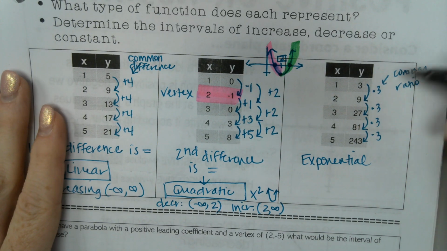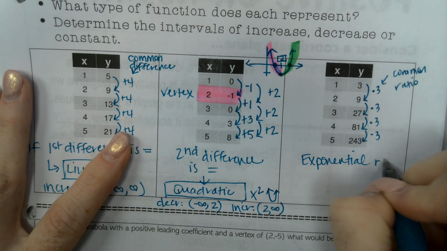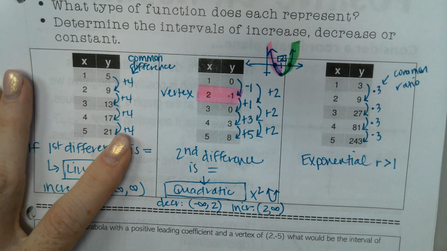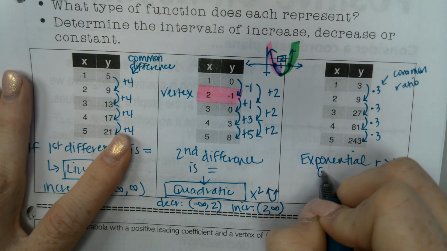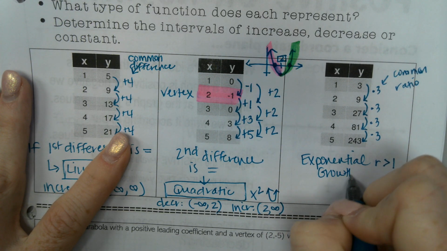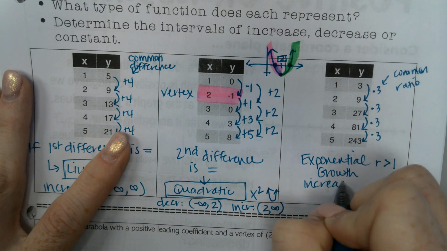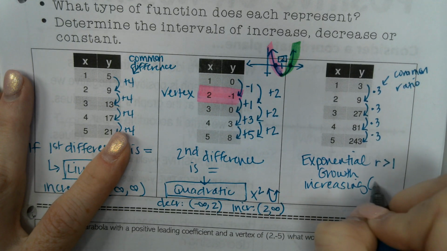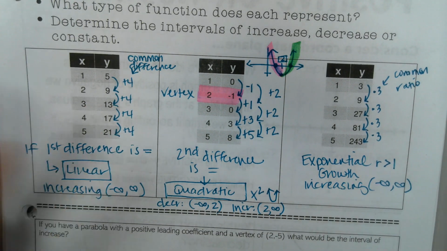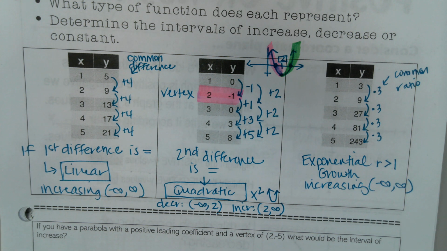And because my R value is greater than 1, that makes it an exponential growth function, which means that my graph is increasing over the entire thing. If that common ratio was a fraction less than 1, then it would be decreasing. Okay?